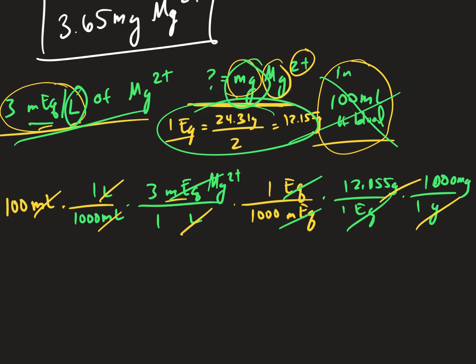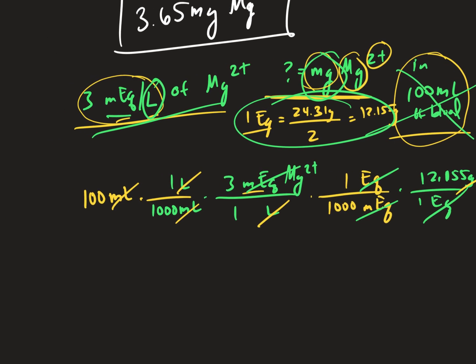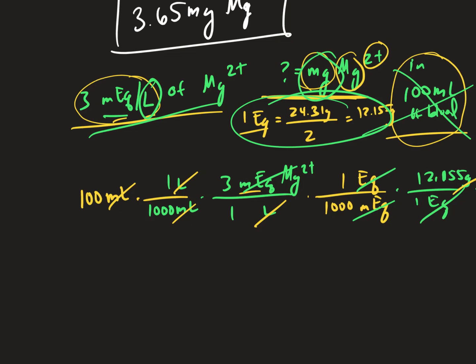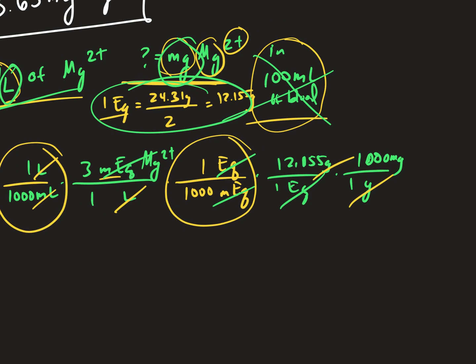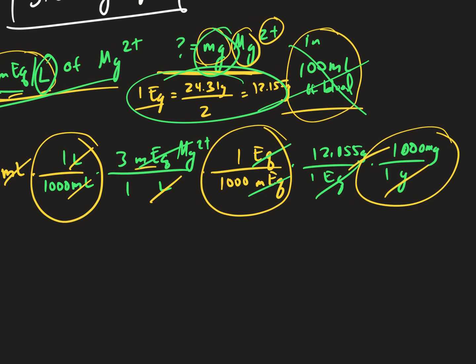So we got 1, 2, 3, 4, 5 conversion factors. Whew. But the majority of those we're converting to milli to regular, right? And we learned that the first week of school. Right?